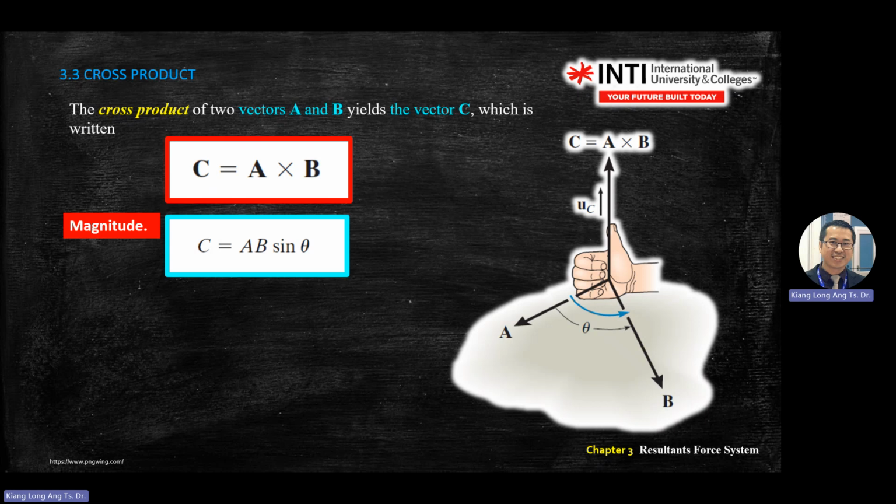The magnitude of this cross product will be AB sine theta.